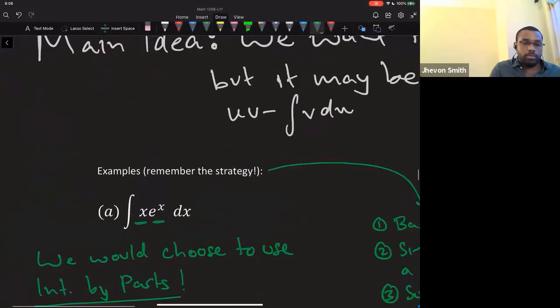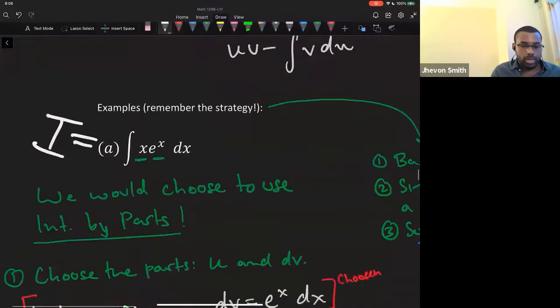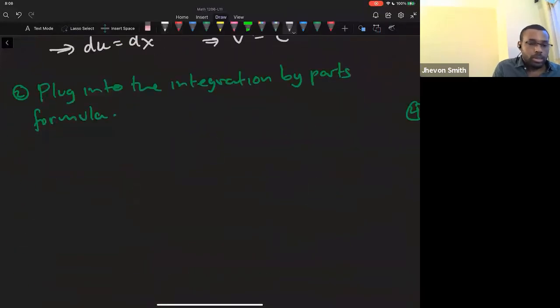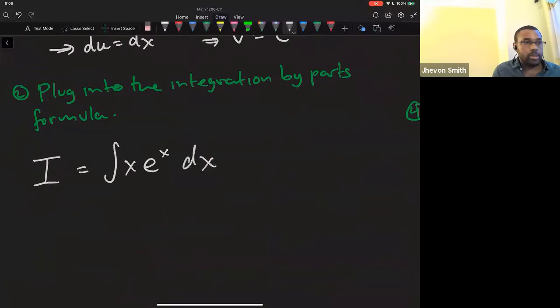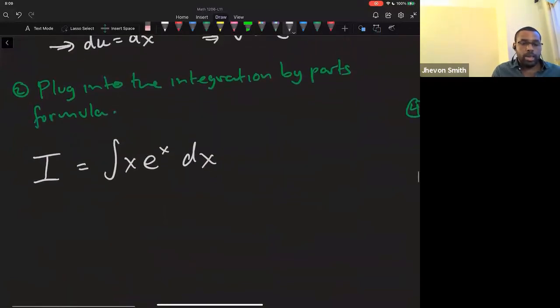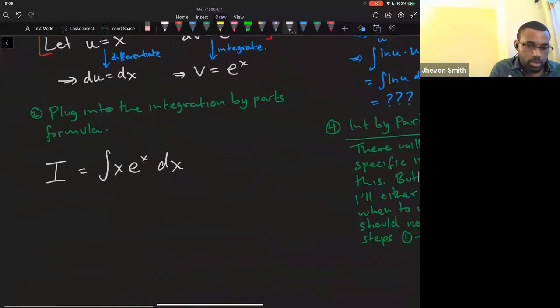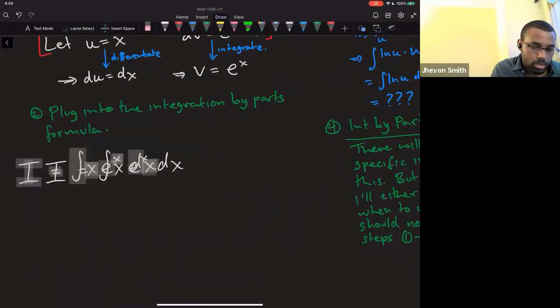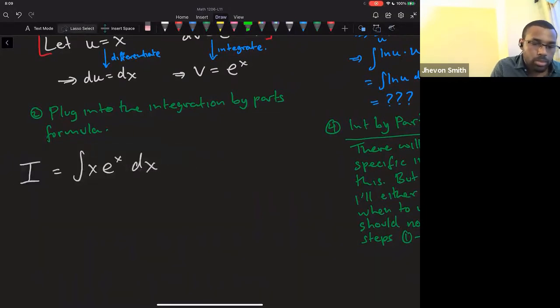So this is going to be something I'm going to be doing later on. Let's say I said I equals this. So my I is equal to the integral of x e to the x dx. And I chose x to be my u.